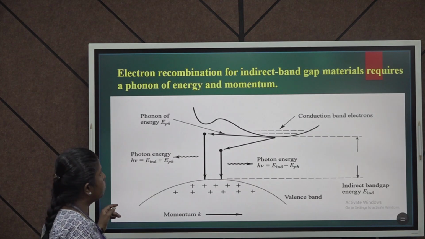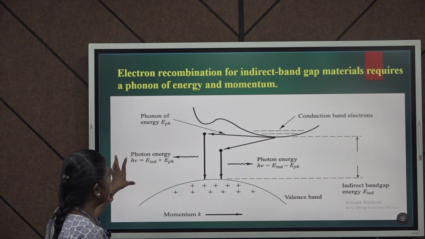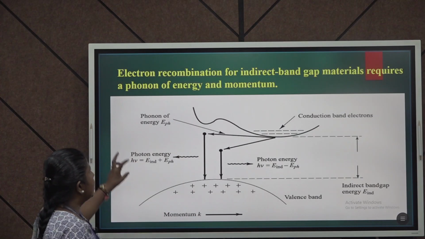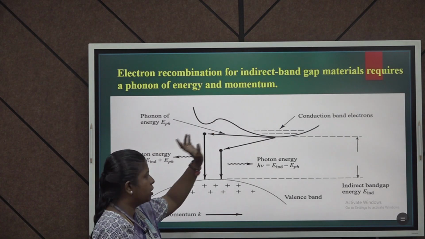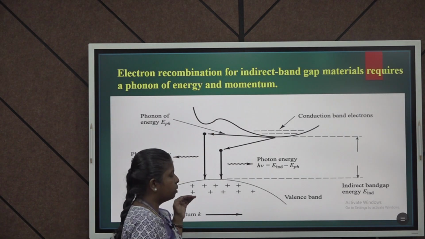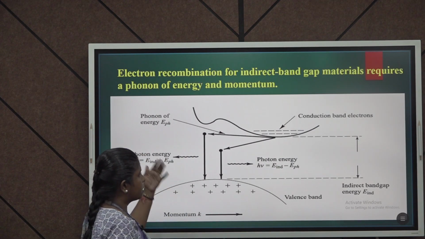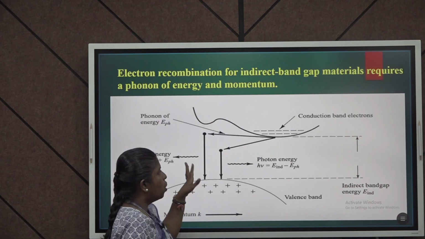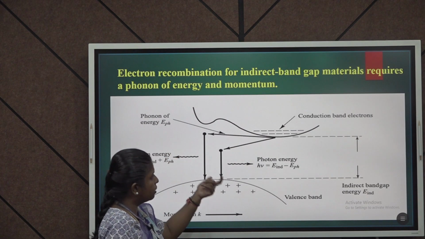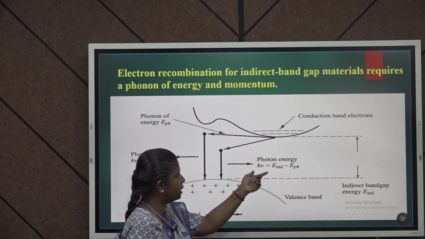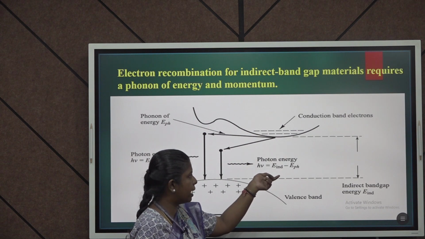When we discuss the indirect band gap material, the same electron recombination needs external energy and, furthermore, momentum for the movement from the valence band to the conduction band. So external energy and external momentum are required so that the recombination process can happen. Here, h nu is E indirect minus the difference of E photon and E indirect.